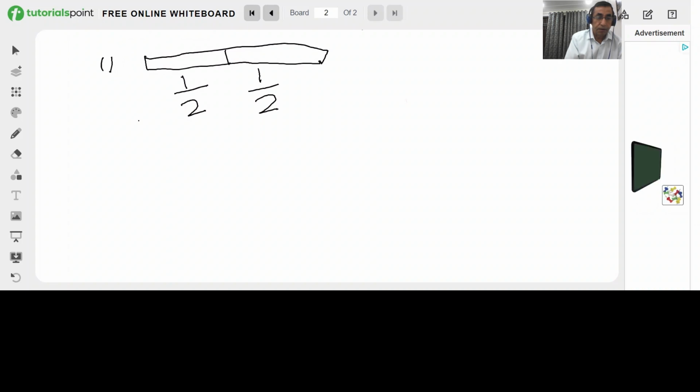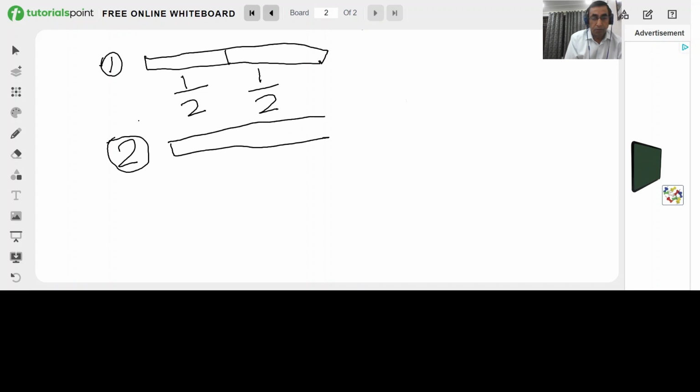Now this is the second example in which the same stick, and the length of the stick doesn't change, is divided into four parts.